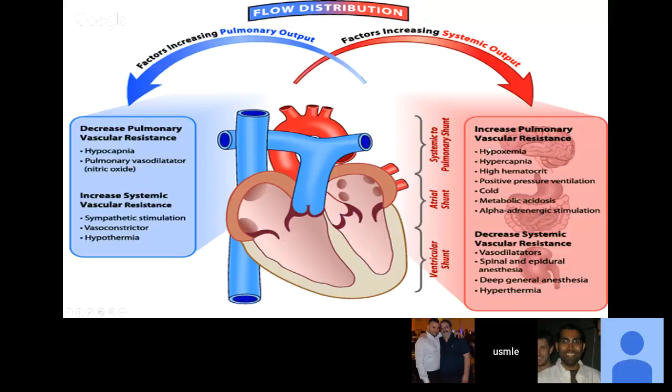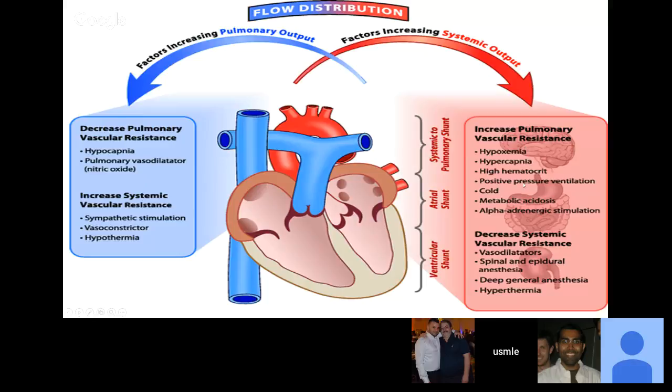You're going to have hypoxemia, hypercapnia, high hematocrit, cold, and positive pressure ventilation. Be careful, this can be a question. Positive pressure ventilation increases pulmonary vascular resistance. Metabolic acidosis can lead to the same deal, and alpha-adrenergic stimulation is going to increase pulmonary vascular resistance.